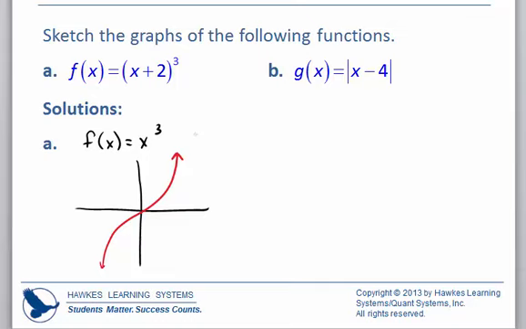Now we need to look at the problem that we're given and ask ourselves how that is changing. So if I take my original function, which is x to the third, and I replace the x with this x plus 2, now I have an expression that is the same as what we were asked in the problem.